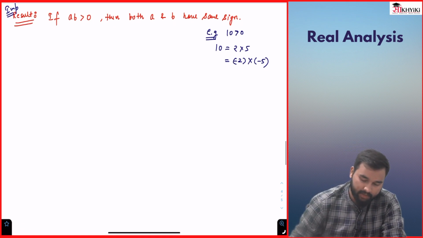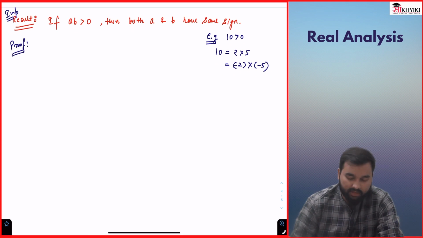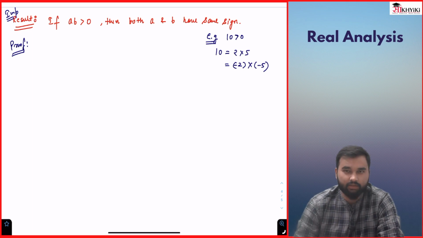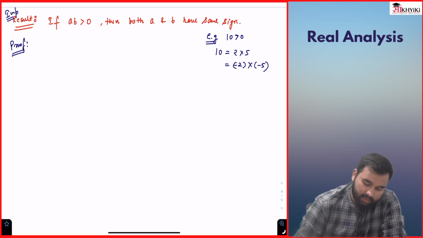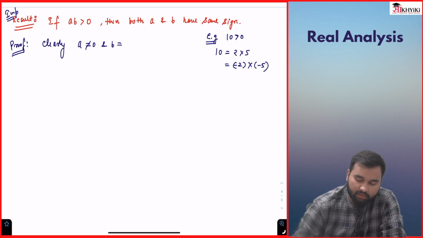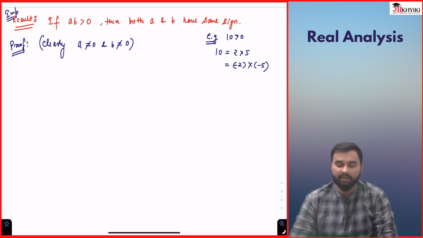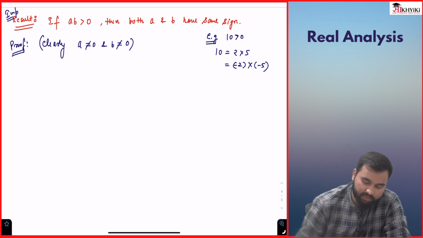Okay, let's prove this. Now since their product is greater than 0, क्या इंप्लाई कर रहा है यहां से? ये मैं यहां से लिख सकता हूं that A and B must be non zero, because अगर कोई एक भी 0 हुआ तो product should be 0. Yes. Okay, now we have to prove that A and B have the same sign, right?